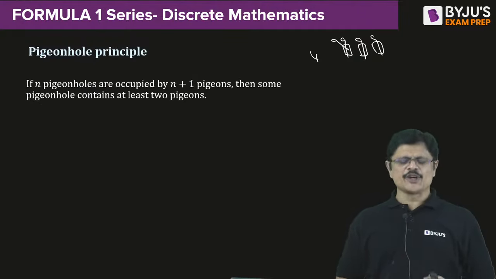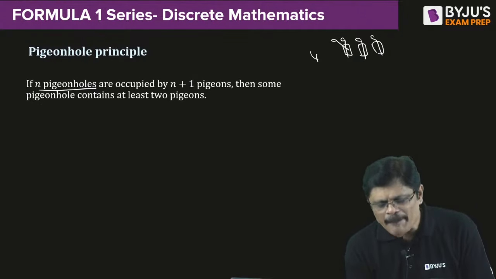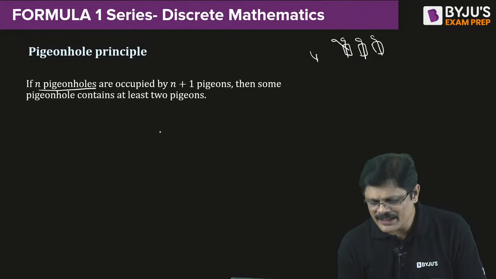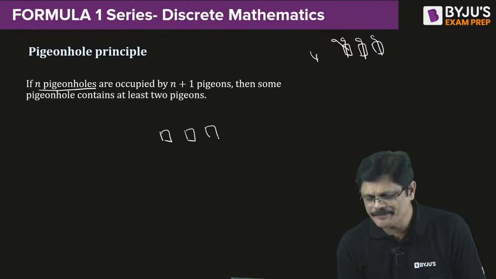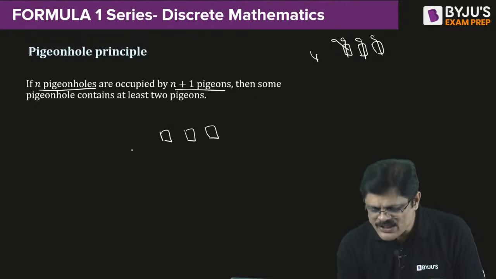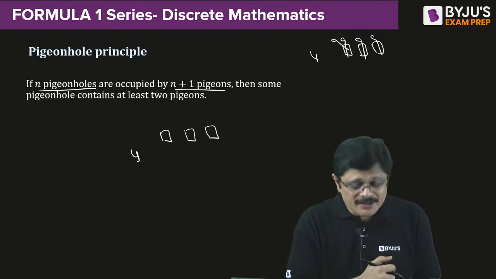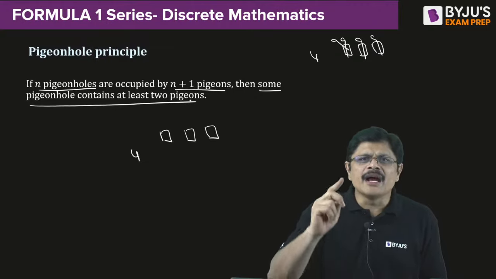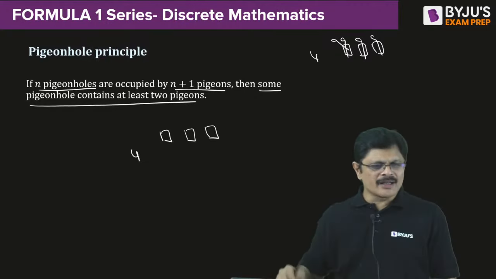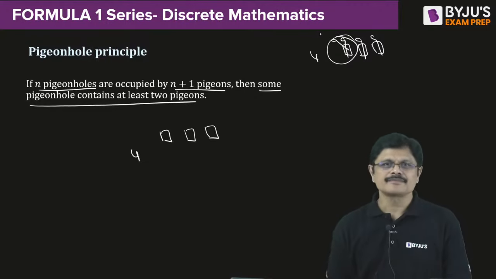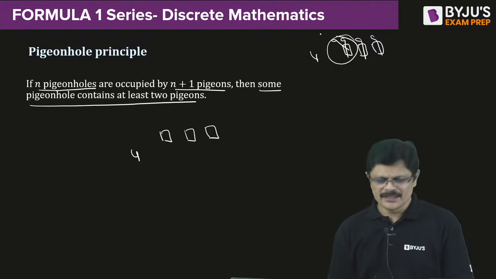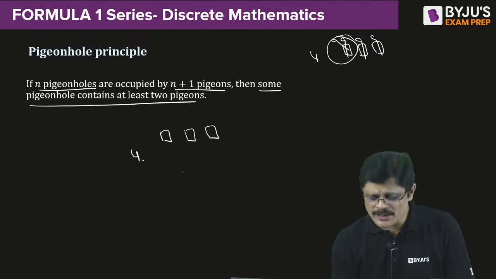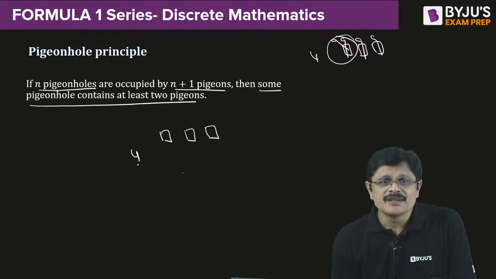See, this is the Pigeonhole principle. If there are n pigeonholes, here there are chairs, my dear friends, and n plus 1 pigeons, then some pigeonhole should contain at least 2 people. Correct or not? See, it's like 3 pigeonholes and 4 pigeons.